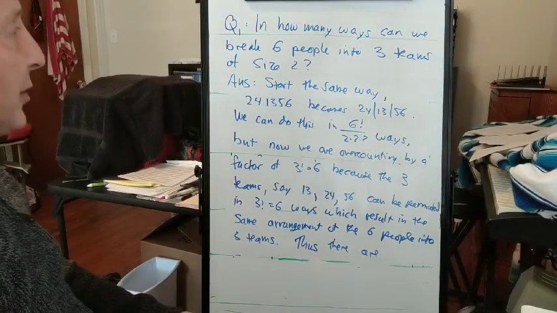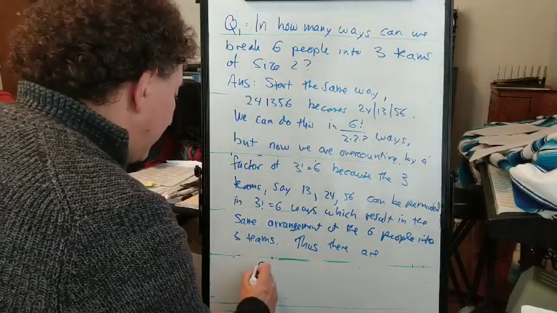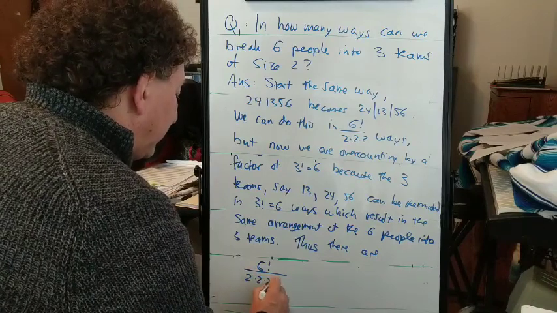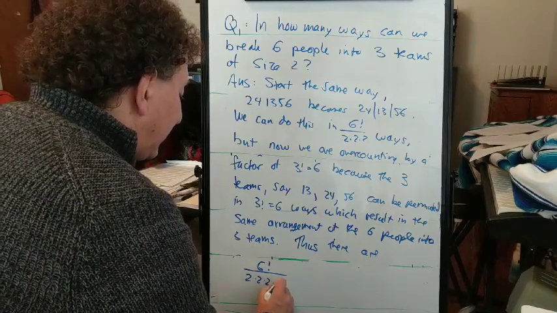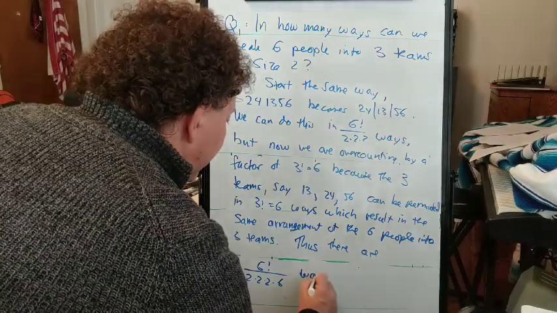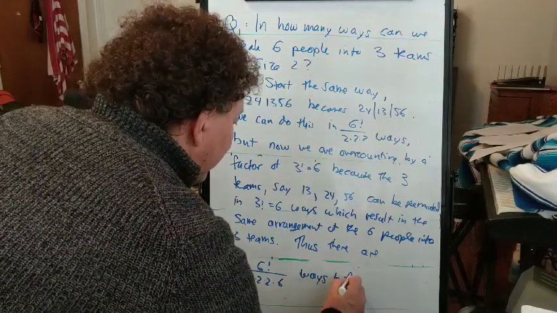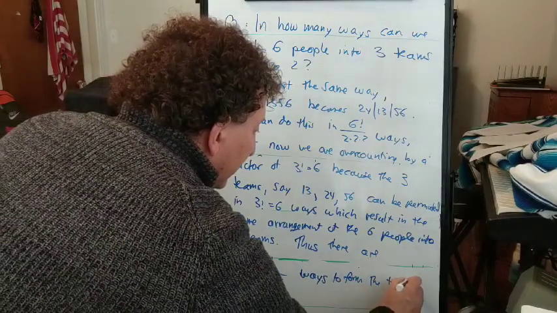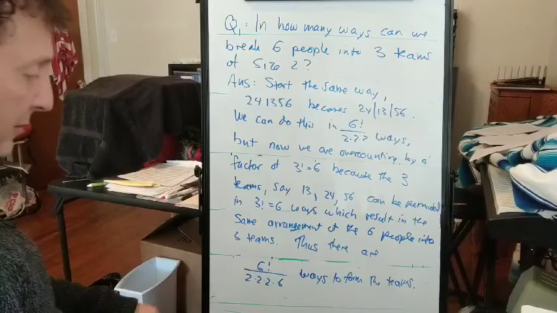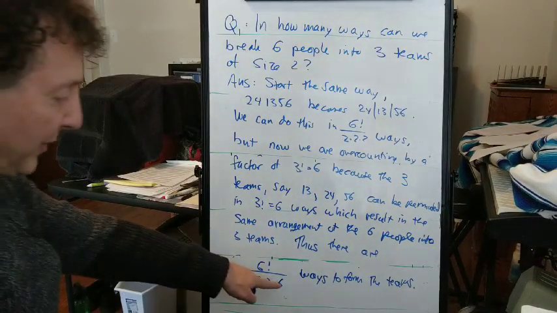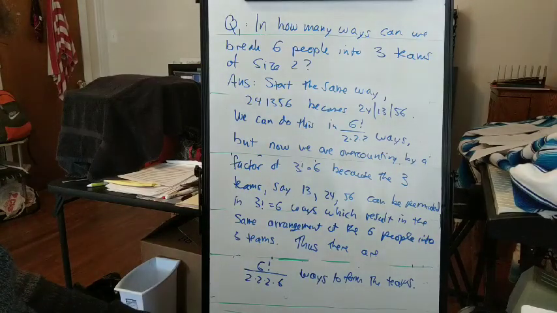So that means that there are 6 factorial over 2 times 2 times 2 times 6 ways to form the teams. I guess we could cancel a 6 from the 6 factorial with that 6 and just have 5 factorial over 2 times 2 times 2.